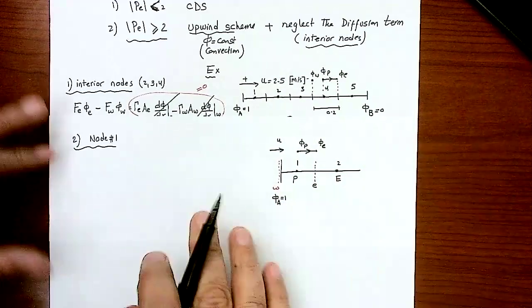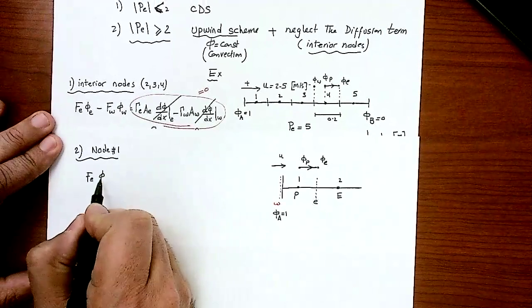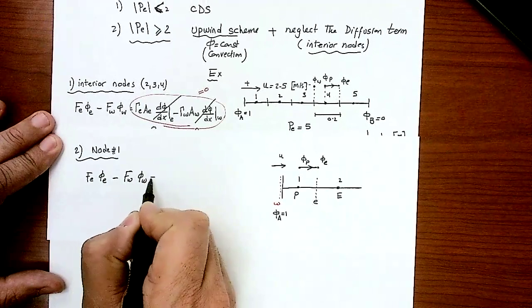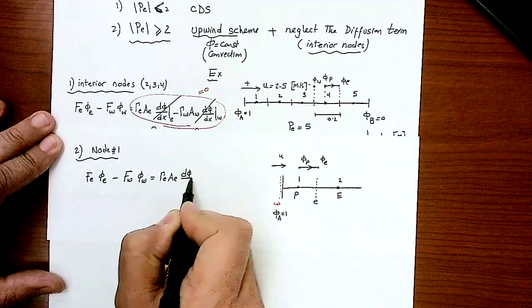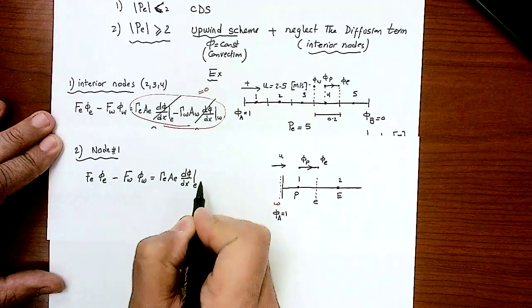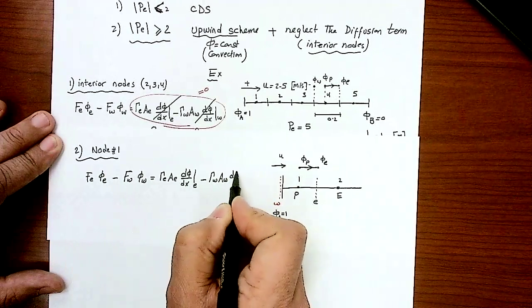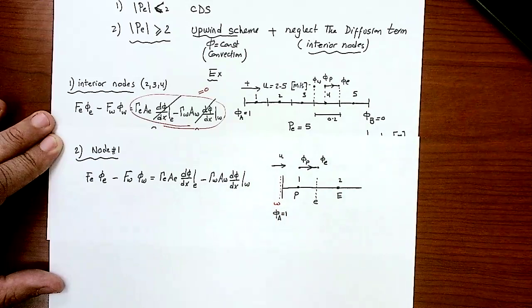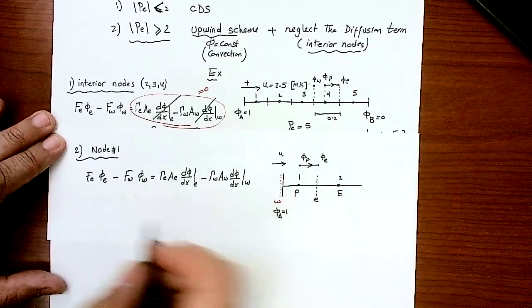So, what's the governing equation? The governing equation is F east phi east minus F west phi west equal to kappa east A east d phi by dx on the east, minus kappa west A west d phi by dx on the west. Bear with me, this is very important here. For the convection term, I'm going to use the upwind according to the positive flow here.